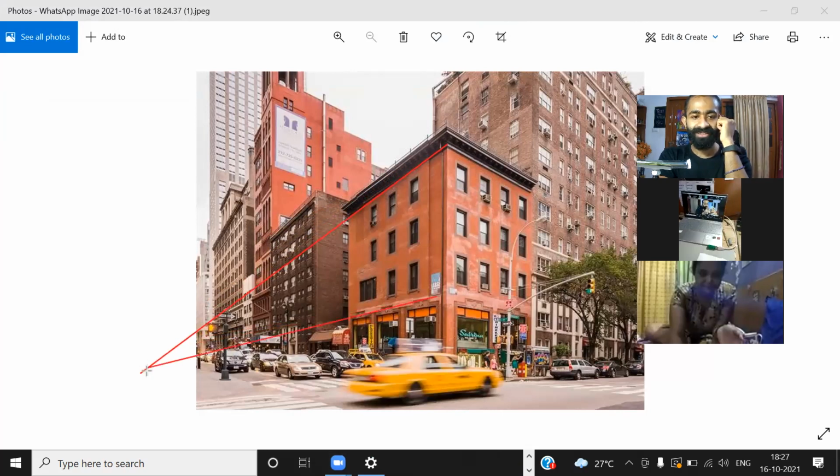So what we need to understand here is that unless we are working with a super wide frame, most often we are only seeing a very small portion of it in a photograph.